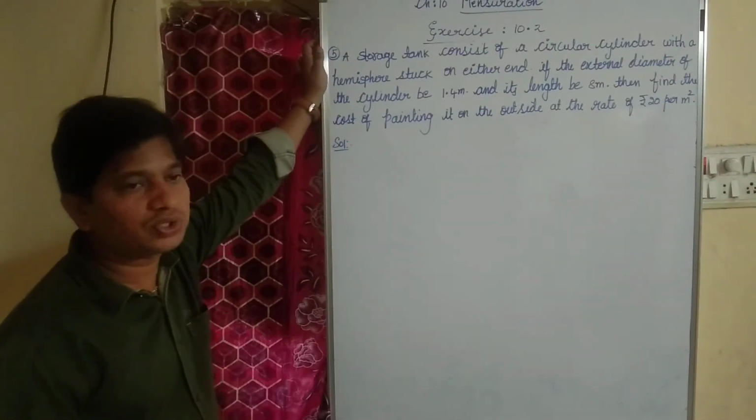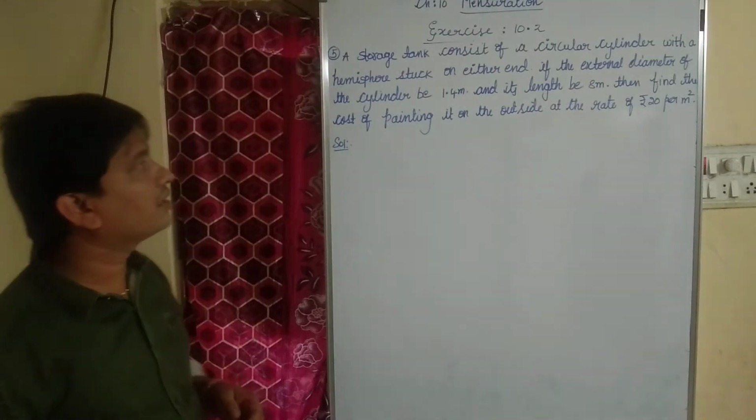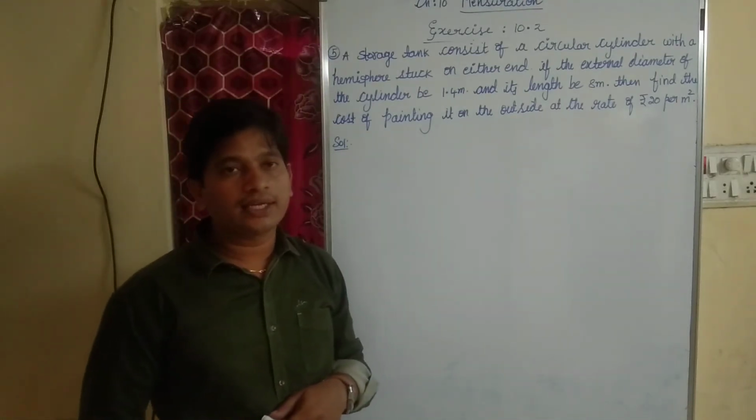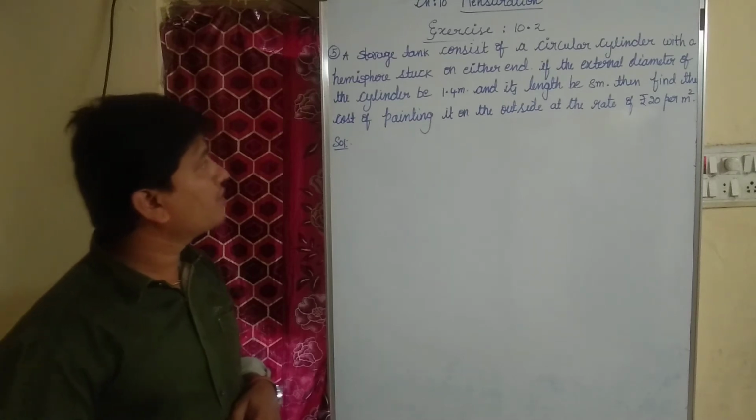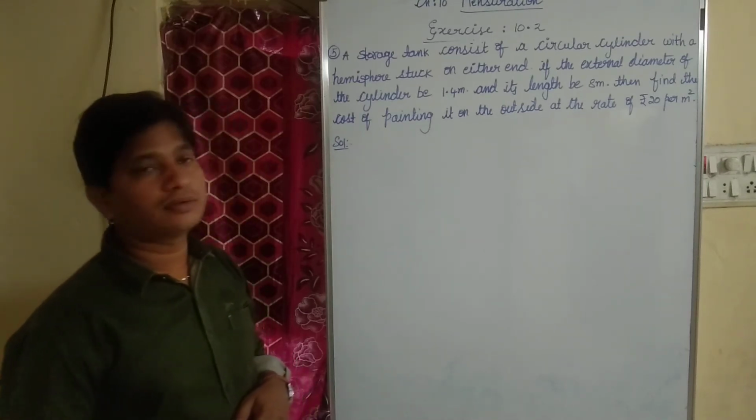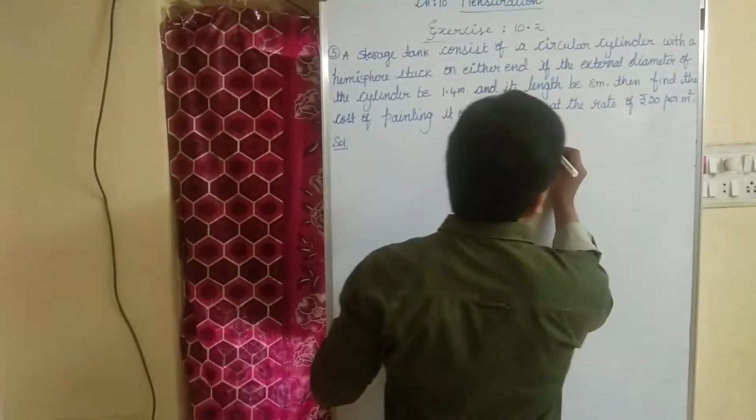Now coming to the fifth question. A storage tank consists of a circular cylinder with a hemisphere stuck on either end. So this is the storage tank.